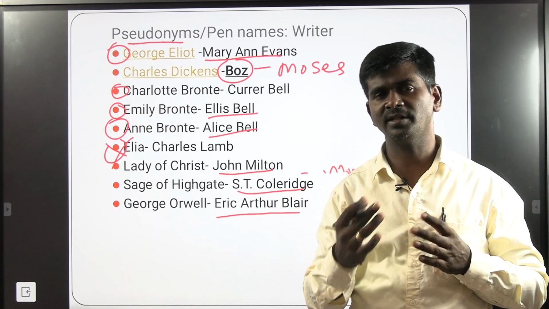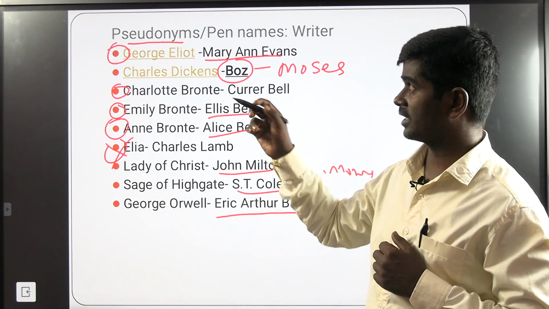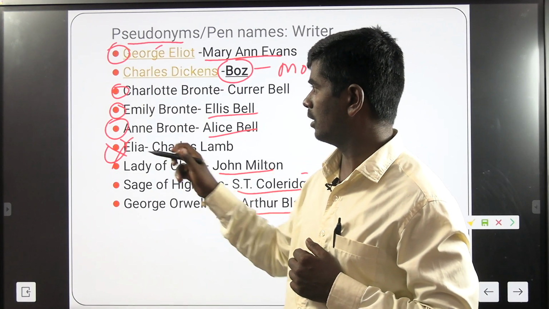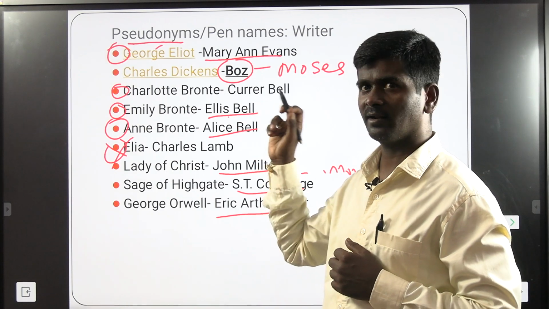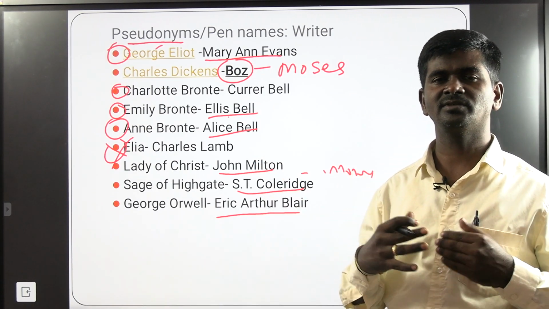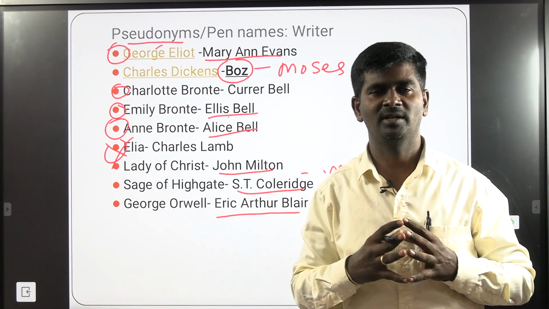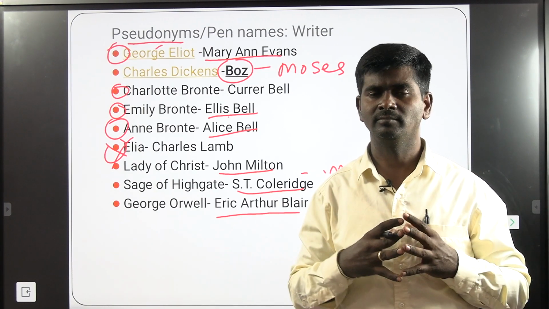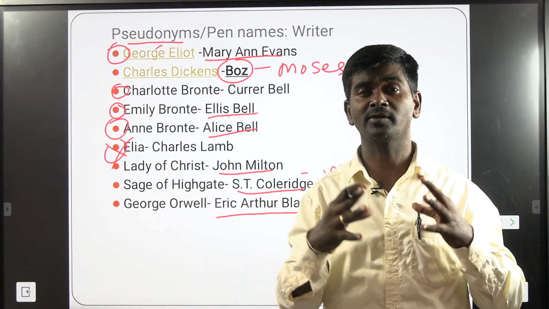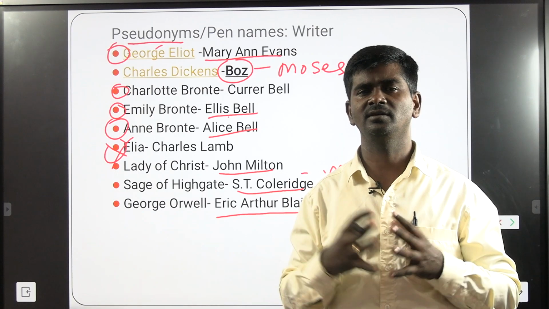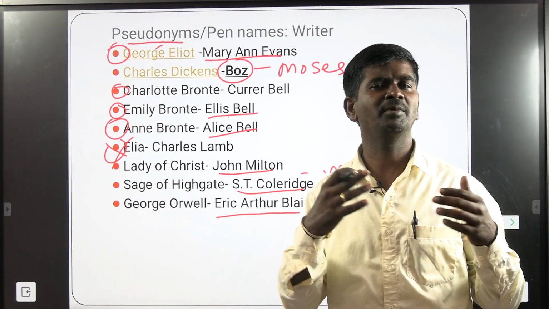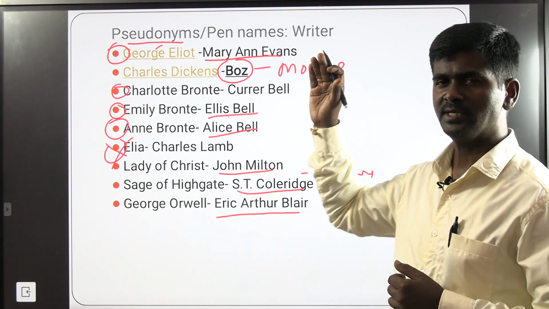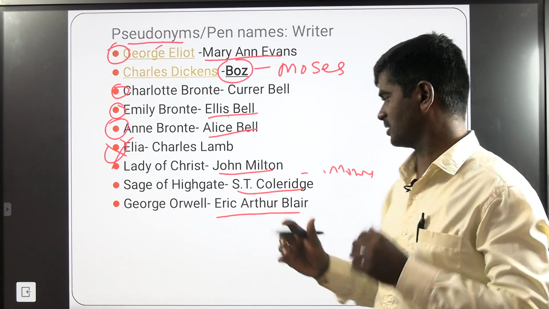Hence, they had to change their names to male names, George, Ellis, Acton and Currer, so that their literature was read by the sophisticated patriarchal men of the time. Hence, they changed their names and were able to write literature and became popular. So, these are some of the popular pen names and the writers.